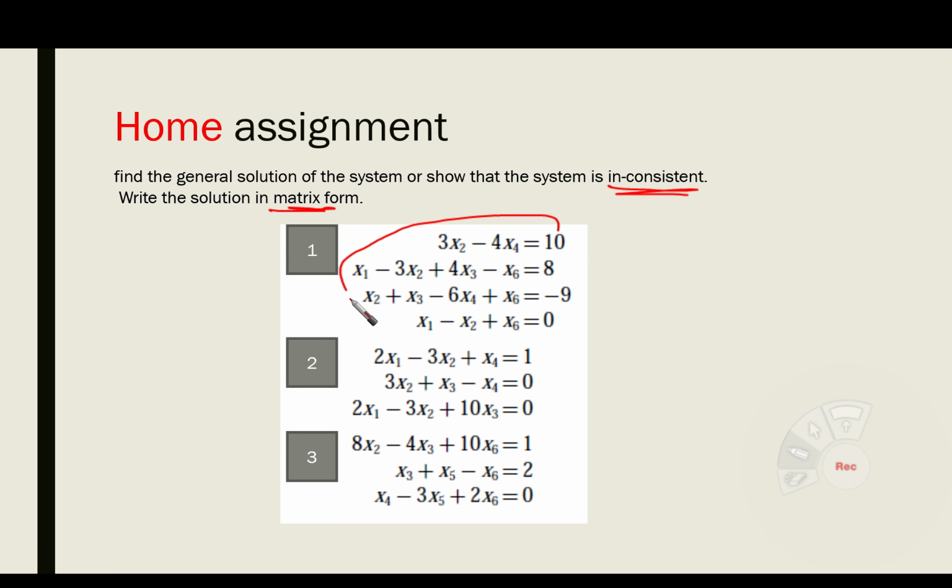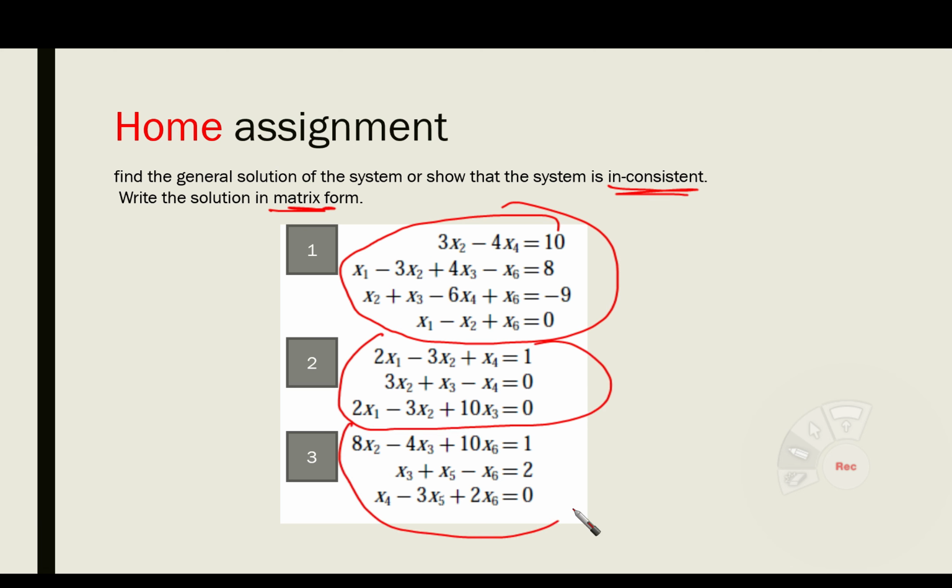So we have the first system, the second, and the third. You need to work them out. They are pretty similar to what I have explained in the class and pretty similar to the in-class assignment. I think that after being trained with my examples and in class, you will find the home assignment to be very easy for you.